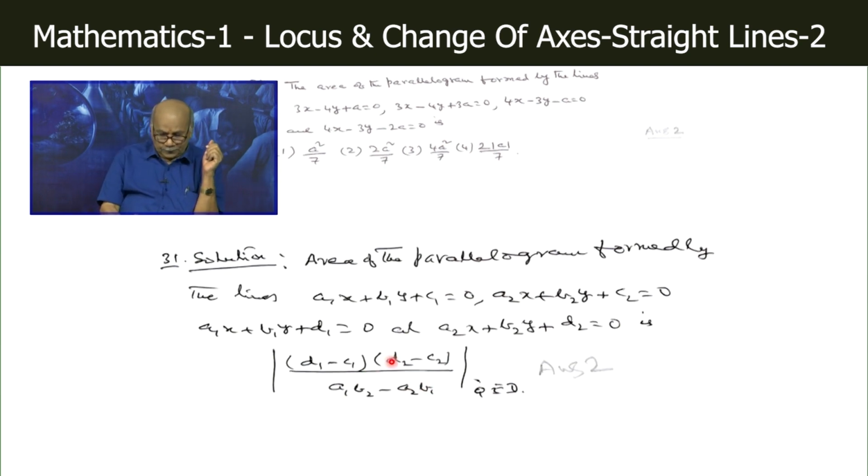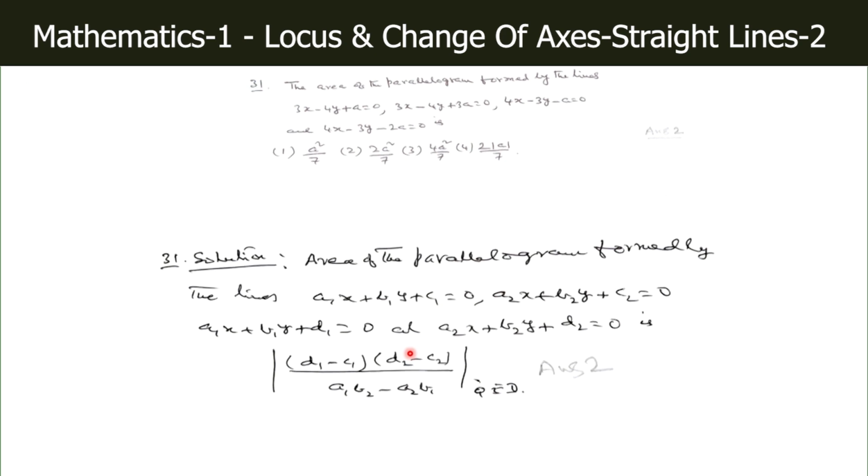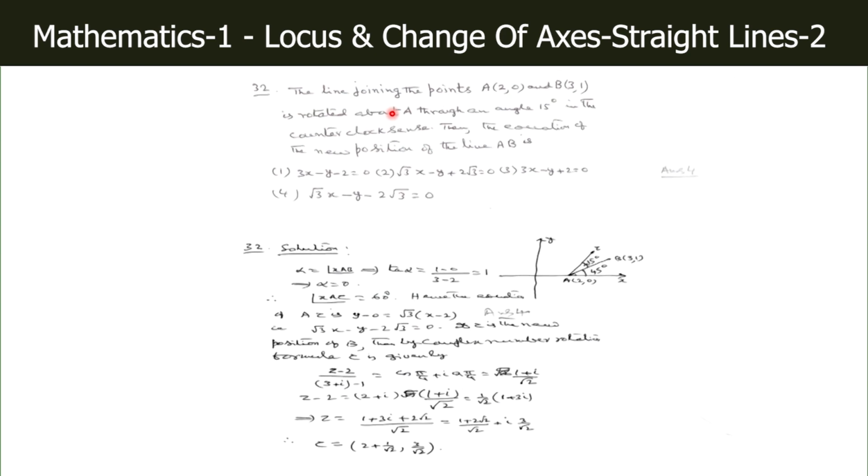So here if you substitute the values, you know that a1 is equal to a, d1 is equal to 3a, c2 is equal to minus a, and d2 is equal to minus 2a. So, if you substitute those values, you will have the answer. The correct option is number 2, 2a square by 7.